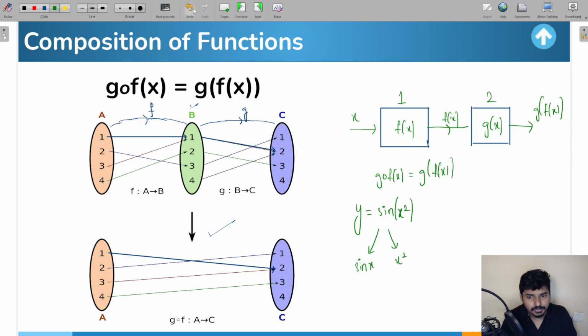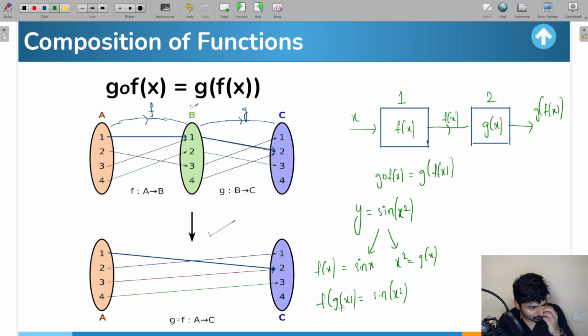If you take x square to be g of x, and you take sin x to be f of x, if you find f of g of x, then only you're going to get sine of x square. Yes or no? In place of g of x, if you put x square, then f of x square will give you sine of x square. So in this way, you can understand the concept of composition of the functions, guys.